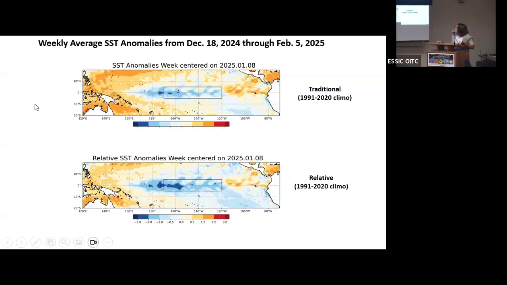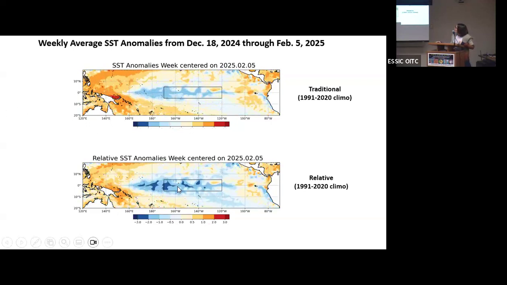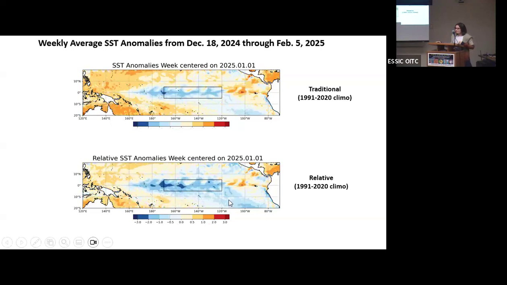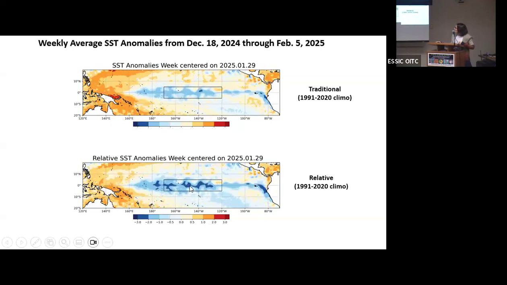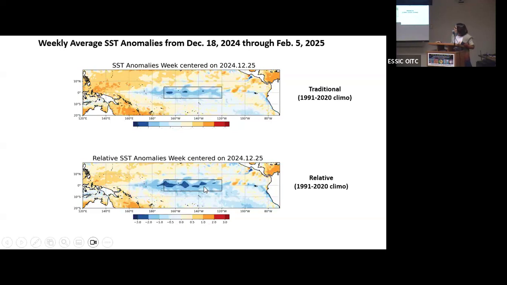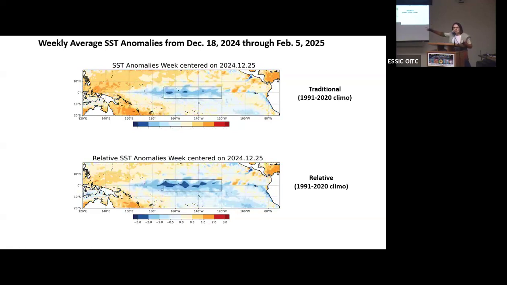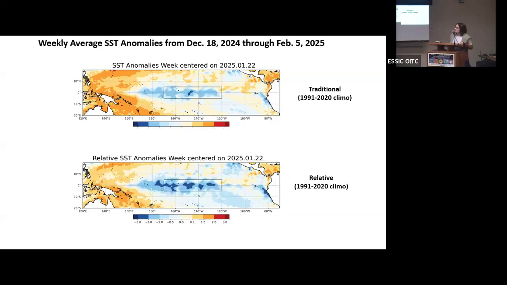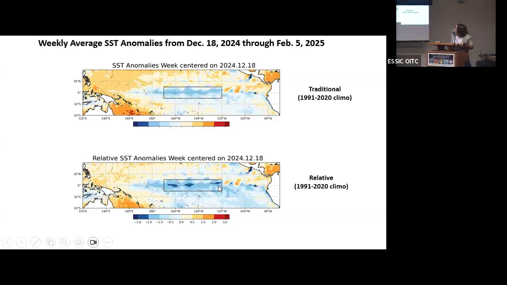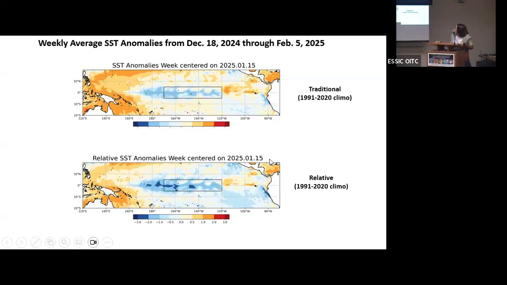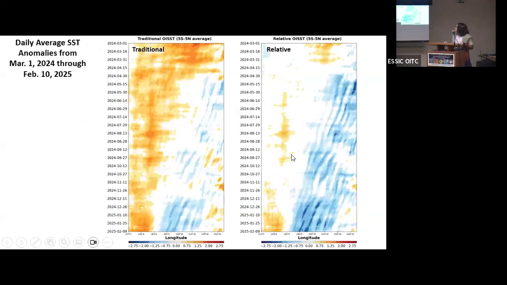For the most recent period, it's very clear that we have a more pronounced La Nina event. We see these nice tropical instability waves. I know this is a satellite-friendly group, so thank you for your work so we can see those tropical instability waves. Ultimately, we have a much more significant La Nina.